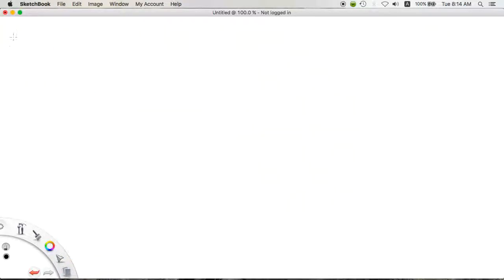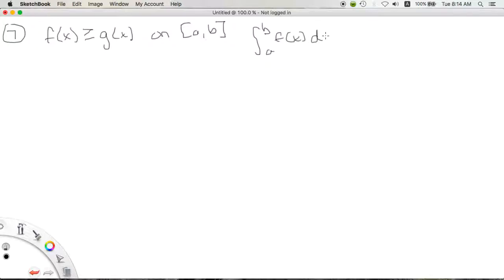All right, the last one is called domination. And what that means is if you have a function that's bigger than another function on this interval, then the integral is going to be bigger, which also makes sense if you use a picture.